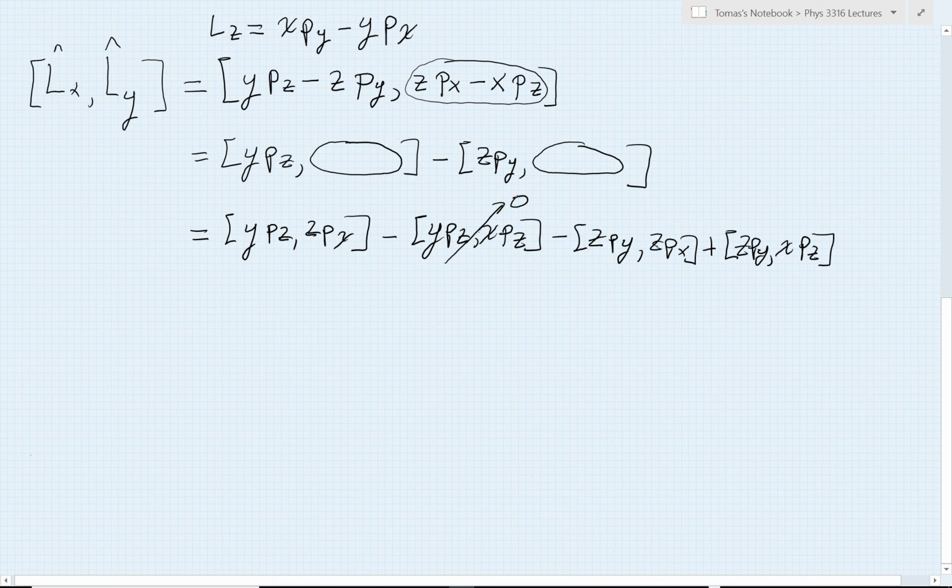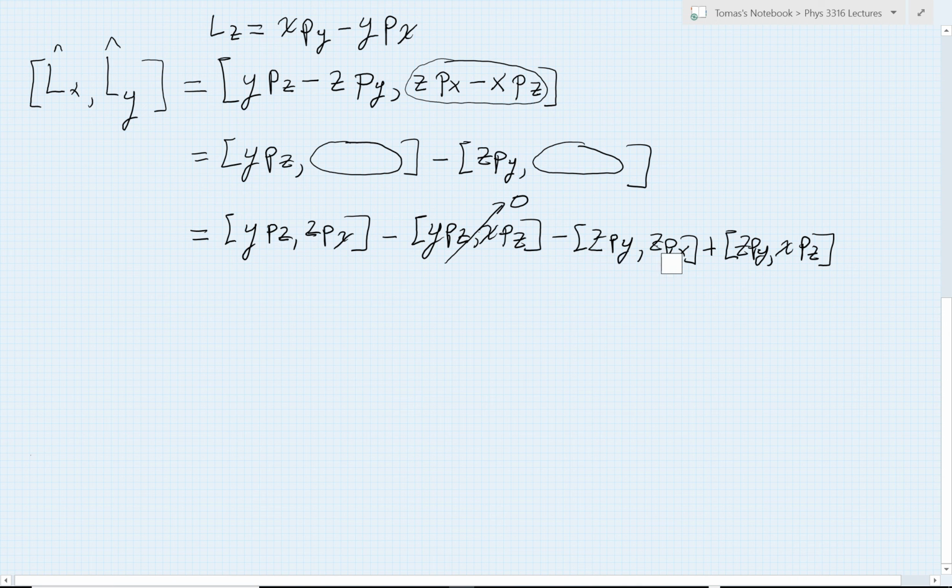Now there's another term in here that has that exact same structure, and we can see that over here. Again, z, of course, will commute with itself. Py and px are partial derivatives with respect to x or y. Those partial derivatives will commute with any coordinate, such as z, namely any coordinate that's different from itself.